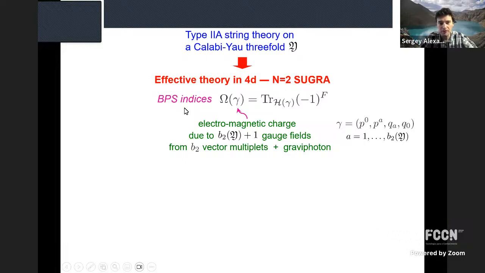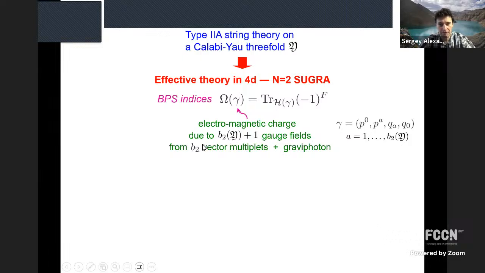In this theory, we can define BPS indices, which count BPS states with a given electromagnetic charge. This charge has 2b2+2 components, where b2 is the second Betti number of the Calabi-Yau, just because we have b2+1 gauge fields in this theory.